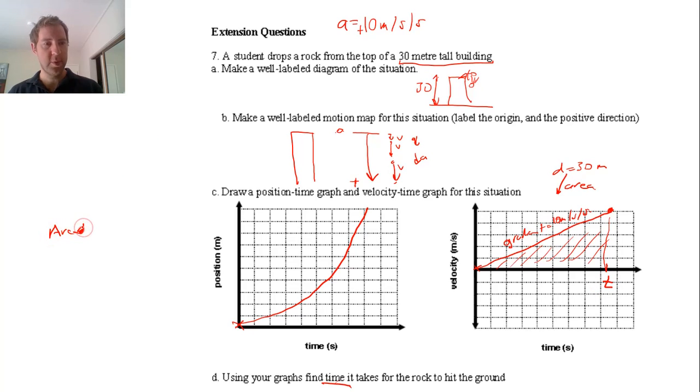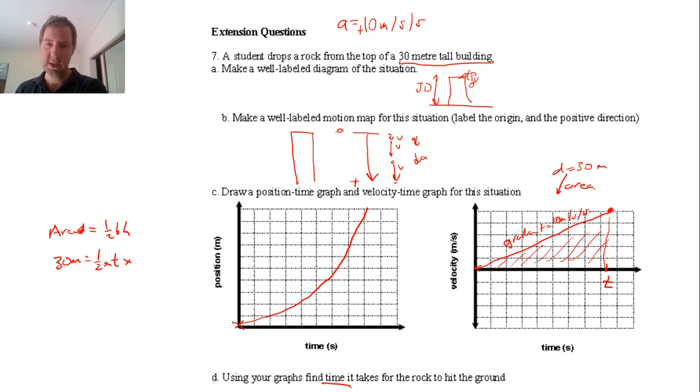If I was looking for displacement, it's half base times height. But I know the area, that's 30. I know a half. The base is t, the time that I'm going to find. What's my height? Well, that's a bit of a tough one. I've got gradient, I've got how steep it is. For every second, it goes up 10 meters a second.